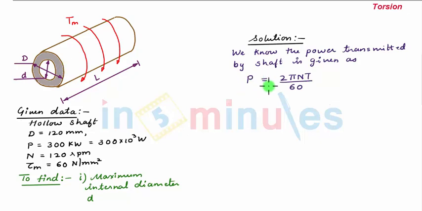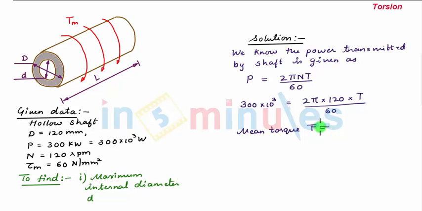Upon substituting the values of P and N, we have P equal to 300 into 10 to the power 3 watts, which is equal to 2 pi into N, which is 120 RPM, into mean torque T, the whole upon 60. Upon solving, we get the mean torque T is equal to 14.323 into 10 to the power 3 Newton meter.